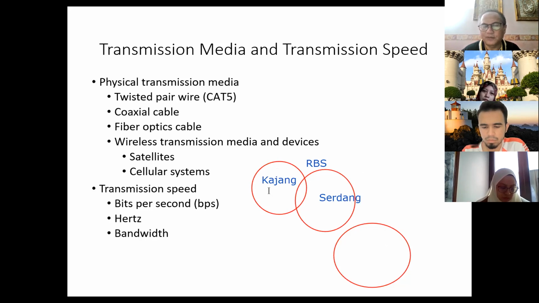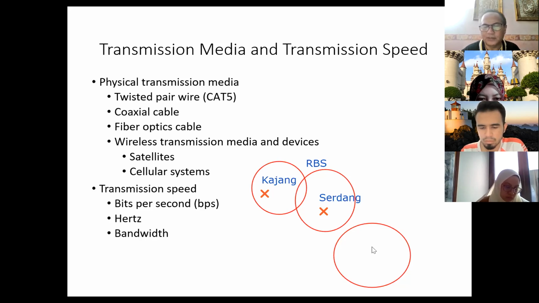So you move from cell to cell. When you use the phone and you are here, you will be using this specific radio base station. If you move to another place, you will be using the radio base station there. When you pass through, you'll be connected between these two radio base stations.